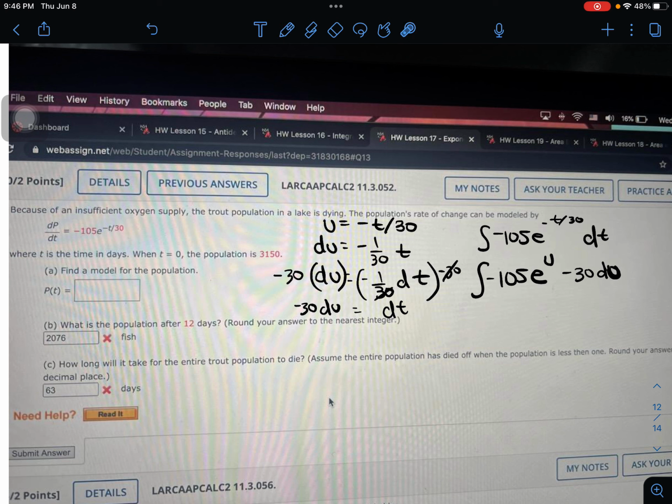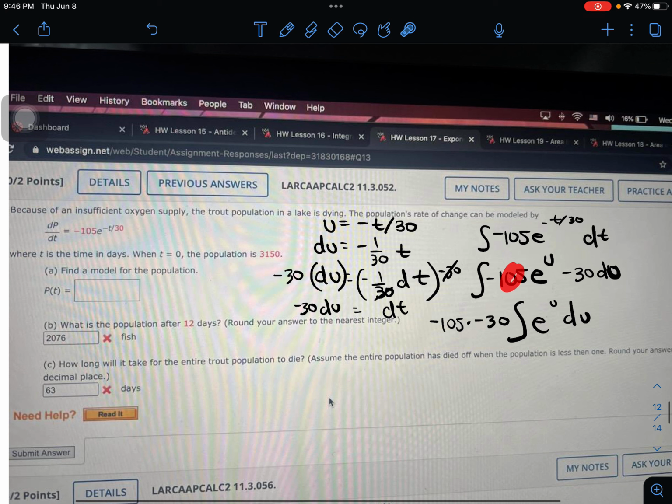And if you remember, when you're doing integration, you can pull out the numbers. So I can actually pull that negative 105 outside the integrand, and I can pull the negative 30 outside. And when I do that, I'm going to get negative 105 times negative 30. Then I'm going to still have that e to the u du.